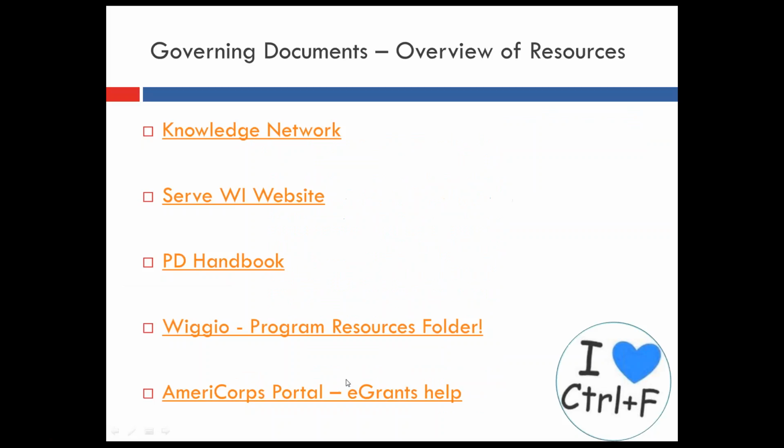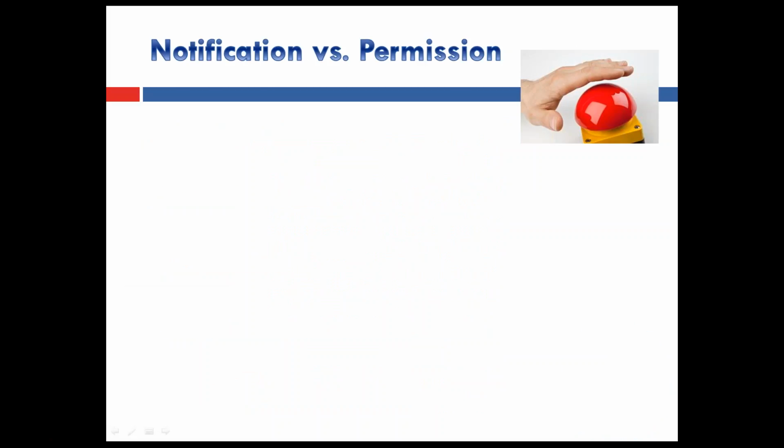All right, so one of the big things I think that we continue to go back and forth with is when do you notify your program officer of something and when do you ask permission for something. So this is hopefully a fun little interactive game where we will go through a number of instances on notification and permission.